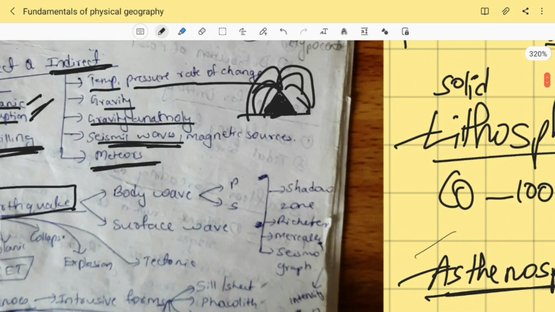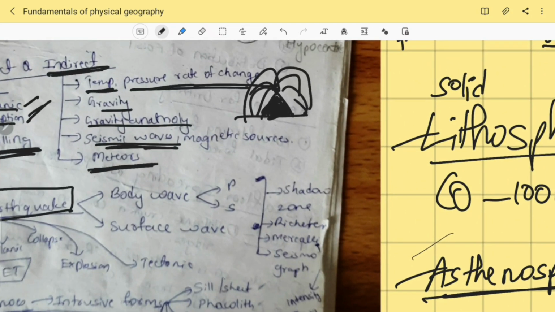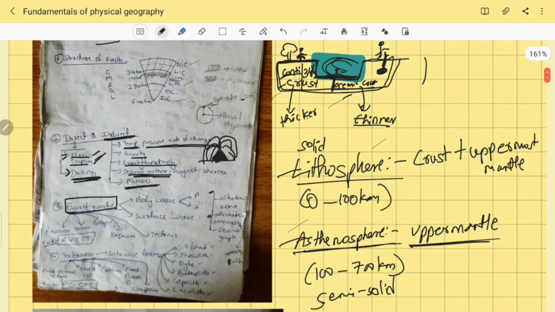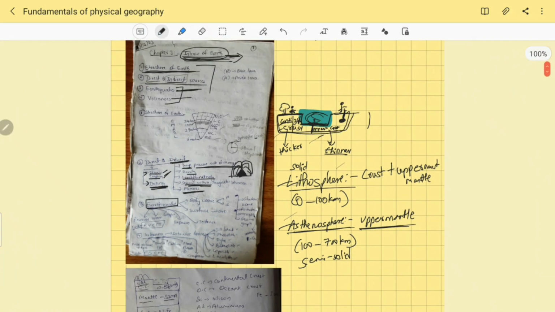Okay, now we will study about temperature and pressure rate of change. So what happens is, let me draw some here for you. Say you are here, as you go inside the earth, this is a crust, this is the water body, oceanic crust, and this is the crust.